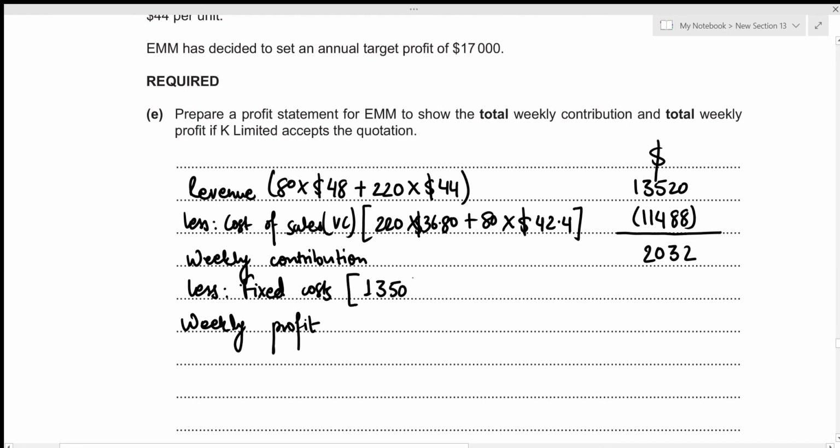So our new fixed cost is just going to be 1,350 plus 120 plus 30, which amounts to 1,500. So we need to subtract this from weekly contribution in order to get the weekly profit. That's just going to be 2,032 minus 1,500, which gives our weekly profit to be 532. So this concludes our fifth part.